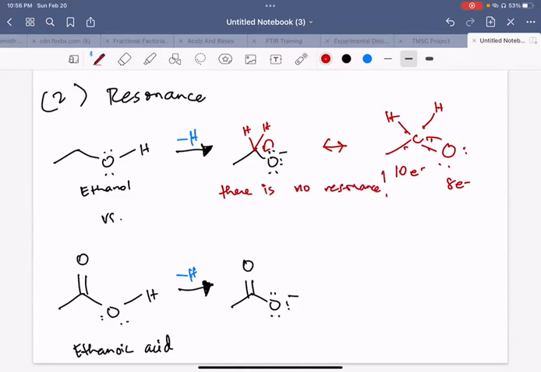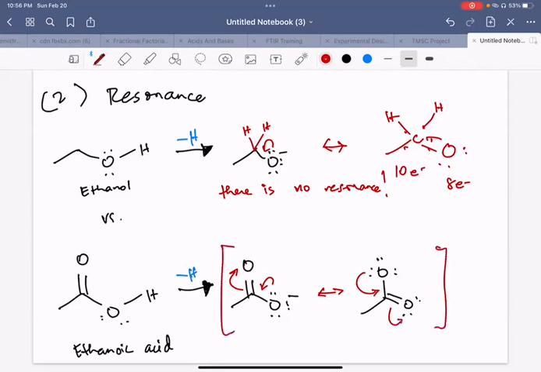And for this one, we can actually have resonance. So the flow of electrons would be in this pattern. Okay, so these are the resonance forms of the acetate ion.